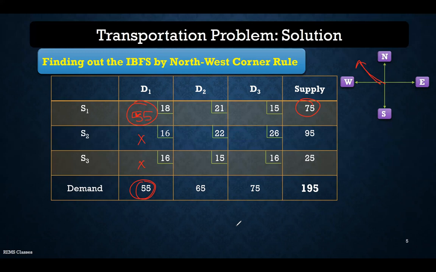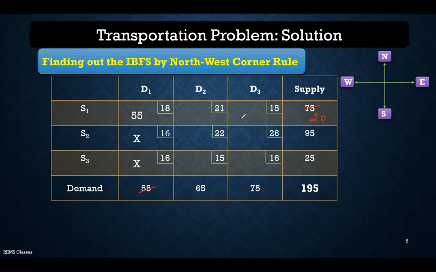Next we will start further allocating the cells. We have allocated 55 in this cell, so the other two cells get crossed out. Next, S1D2 is the next northwest corner, and we will start allocating in this cell. The remaining supply is 20 units, and the previous demand is fulfilled.